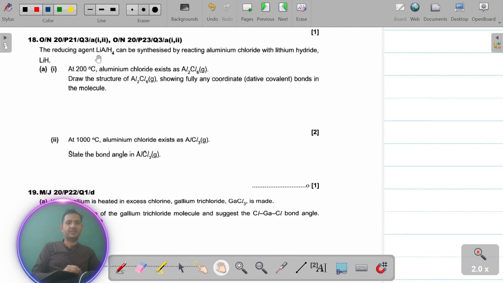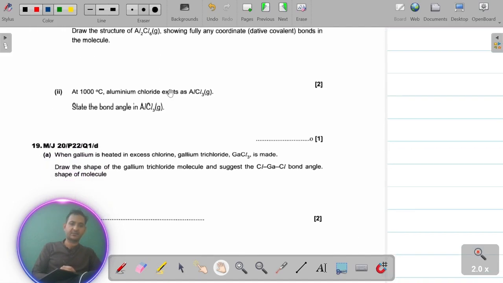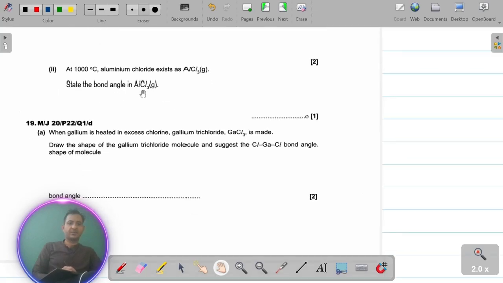The reducing agent lithium aluminum hydride can be synthesized by reacting aluminum chloride with lithium hydride. Draw the structure of Al2Cl6 showing fully. We already solved this, you can check this. State the bond angle in AlCl3.